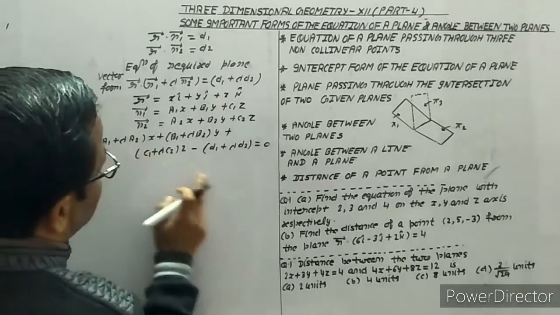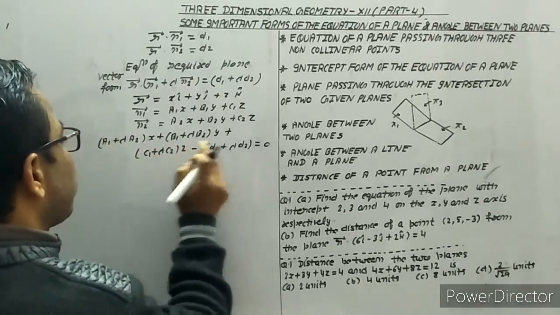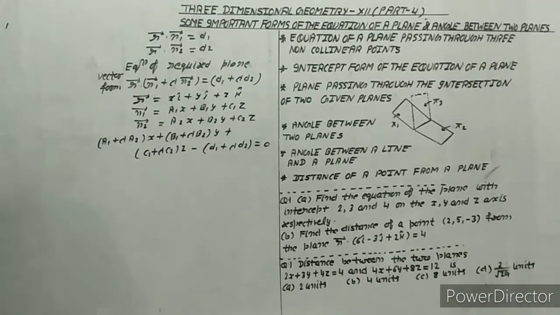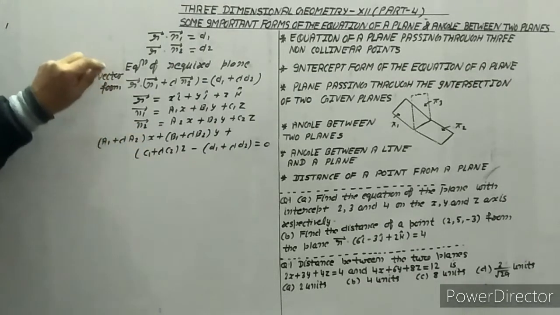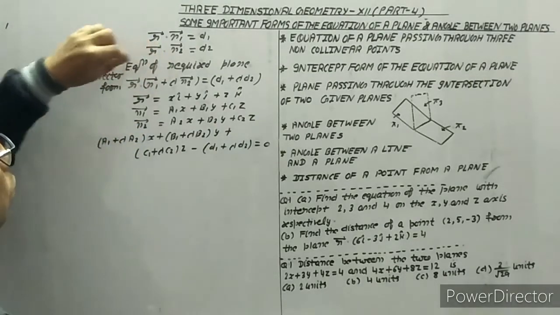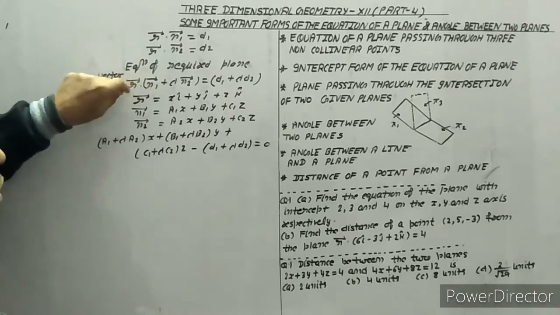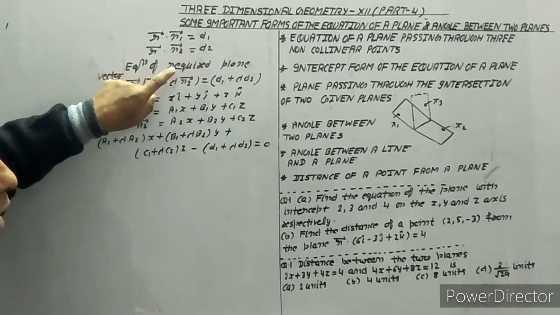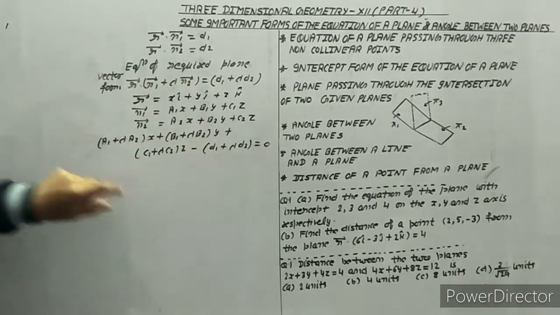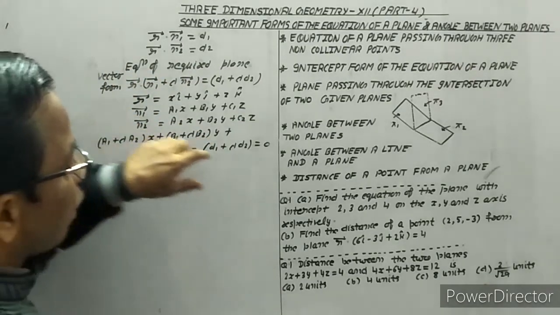If we find this lambda, we will get the equation of the required plane. This comes from the dot product of the two vectors, r dot n1 plus r dot lambda n2, and the addition of these is the equation of the required plane.